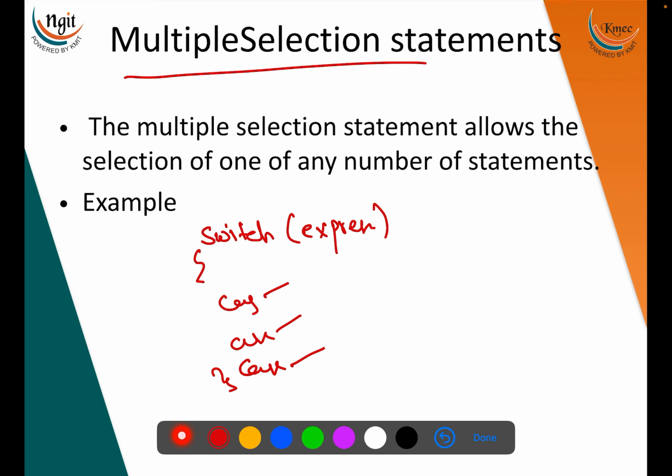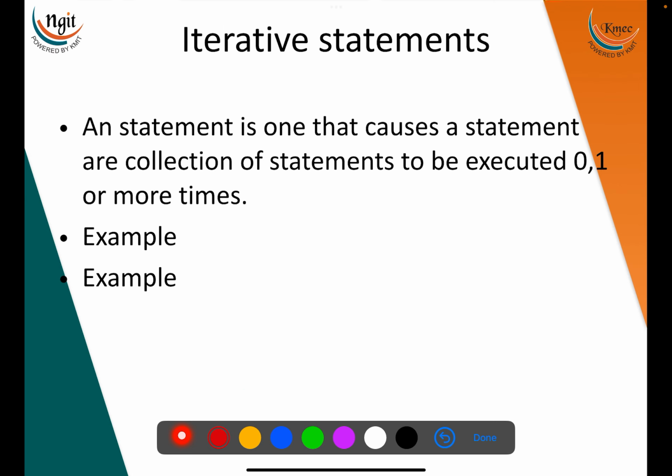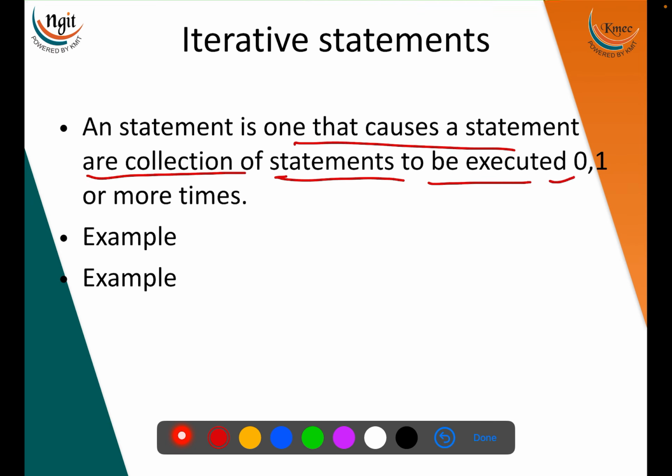Now the next thing is the iterative statement. An iterative statement is also called a loop. It is one that causes a statement or collection of statements to be executed 0 times, 1 time, or more times. A task which gets repeated many times is called a loop. Before we see an example, let's understand the design issues: how the iteration is controlled.